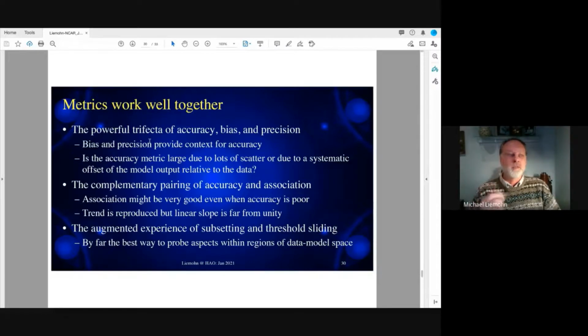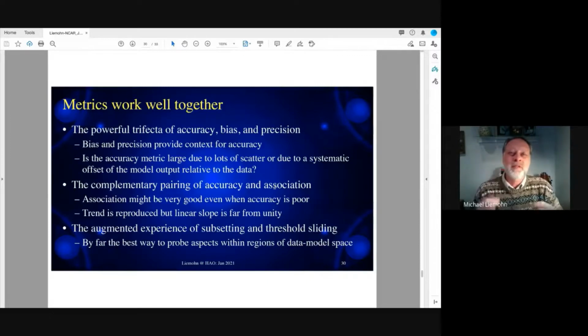And so that's one way to understand more about what's going on with your data model comparison. Another complementary pairing is accuracy and association. Accuracy tells you how close the values are to each other, but association can tell you, is there this linear shift? Instead of falling on the 1-to-1 line, maybe you're falling on the half-to-1 line, and things are systematically underestimated or overestimated, but in a linearly scaling way.